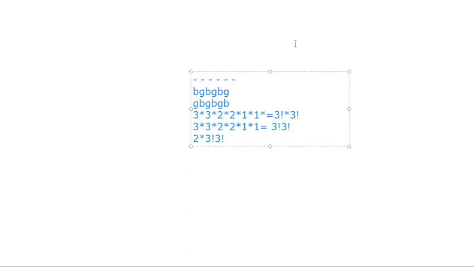Yeah, 4 factorial is a part of the answer. What about the other part? 4 factorial into 2 factorial. Yeah, good.